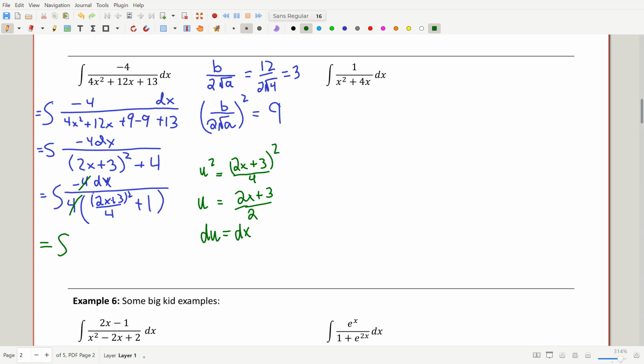So the integral of -1 dx, or that could just say negative dx, weird looking dx, over u squared plus 1, and an extra long fraction bar, which is negative arctangent of u plus c, which is negative arctangent, u was 2x plus 3 over 2.